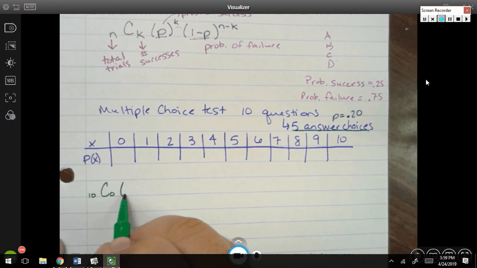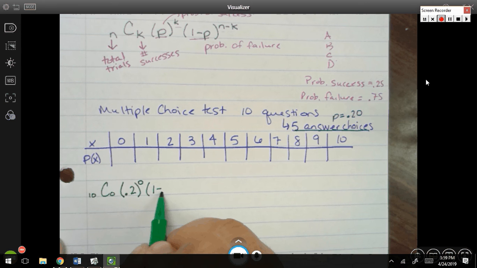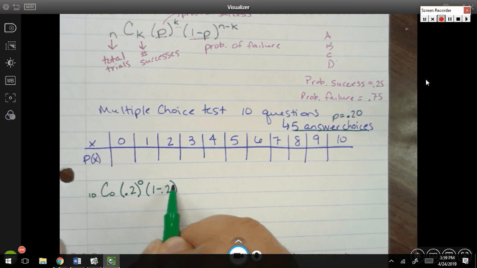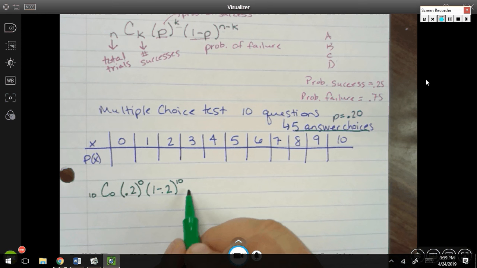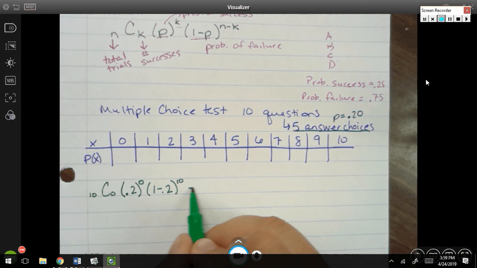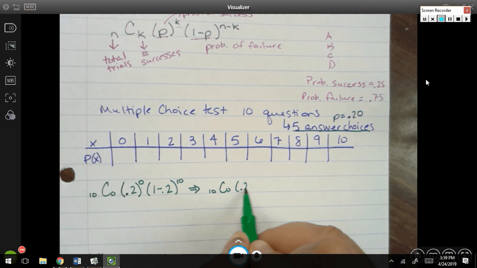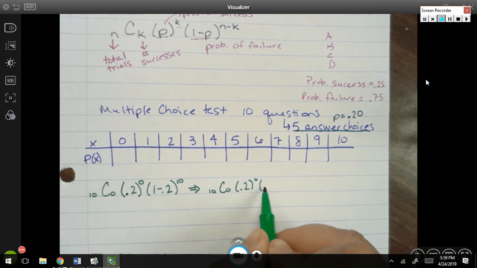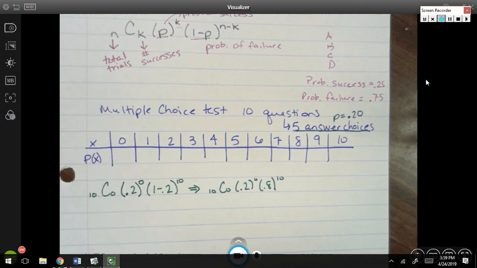So 0.2, I'm raising that to the 0. Then I'm going to do 1 minus 0.2, and raise that to the 10th. So this is really 10 choose 0, 0.2 to the 0, and 0.8 to the 10th. Okay, so let's see what we get.